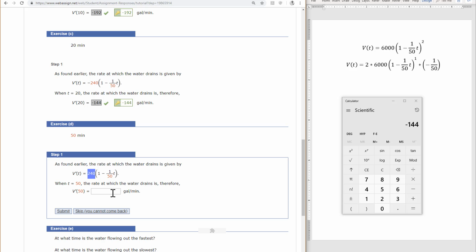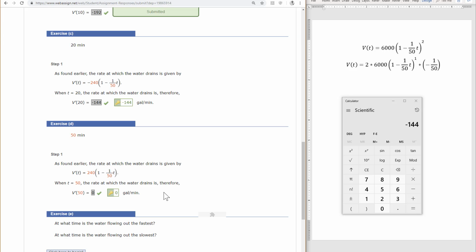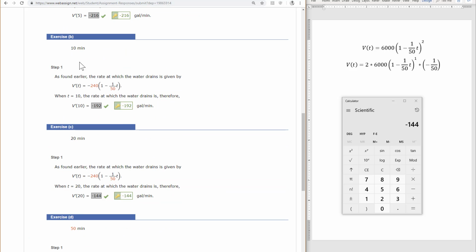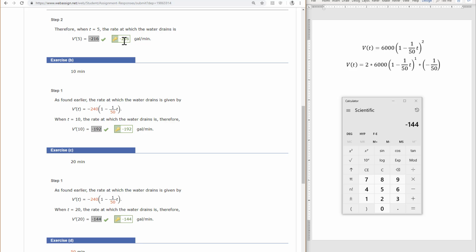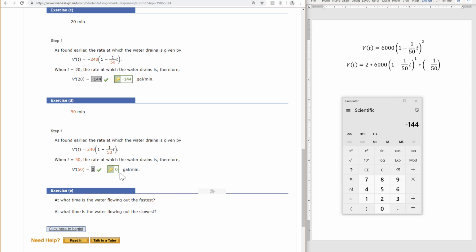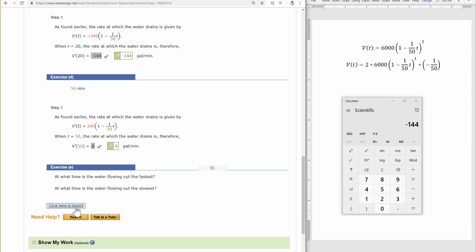But 50 over 50 is 1, so I think that's going to end up to be a 0 anyways. So as you can see, it starts off with a high rate of gallons per minute going down, and it starts to decrease in a negative direction, getting less and less negative, until it comes to 0 here.